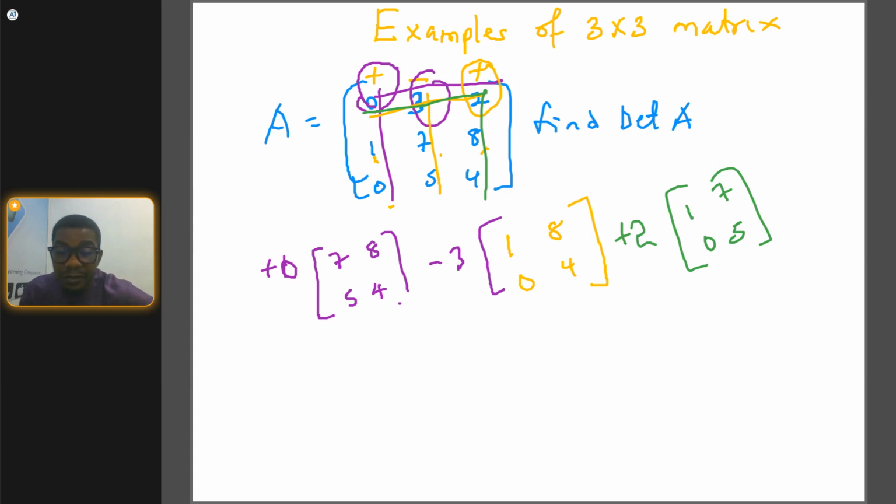I've written the 5 very well. Now let's solve this. I believe you get the way we are bringing up this value. It has to do with identifying the first row with a sign, as we have here, plus 0, then crossing any arrangement that has to do with 0.